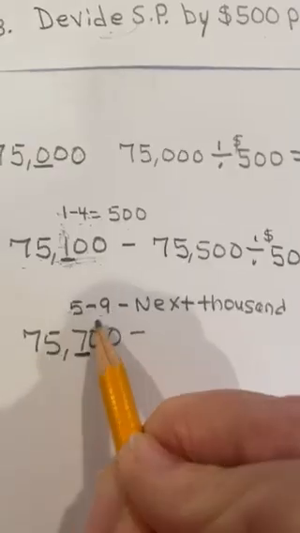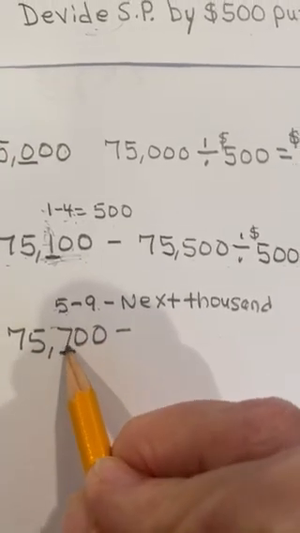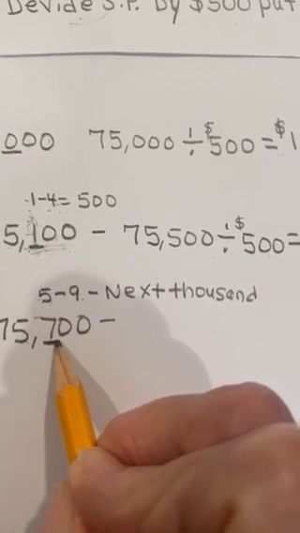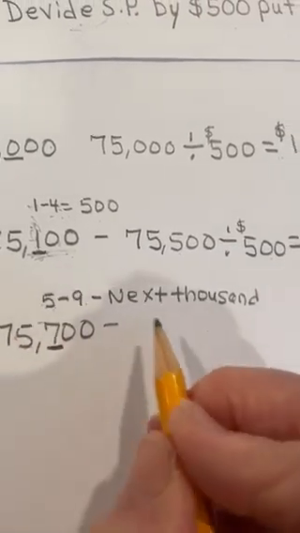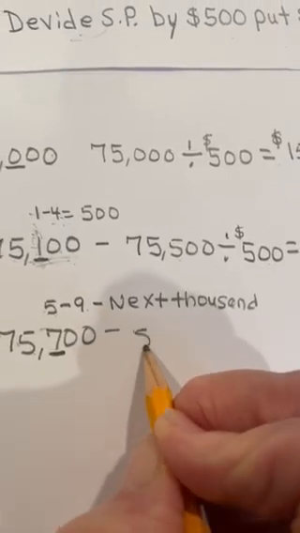So 5 through 9, if the number in the 100th place is 5 or over, you go up to the next 1,000, which would be 76,000.